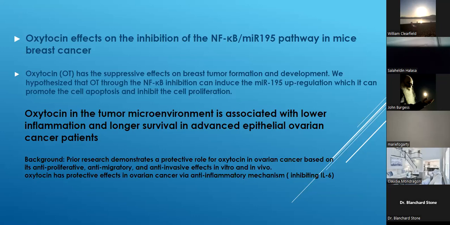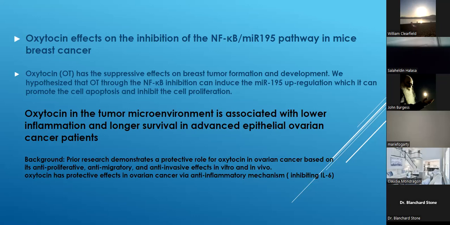Again, oxytocin affects and inhibits the NF-κB pathway in mice breast cancer. So, can we say oxytocin can be given to patients as an adjuvant to treat breast cancer? Yes. One of its effects is that it inhibits the oxidative stress and the free radicals that lead to inflammation, which can also stimulate the cancer process.